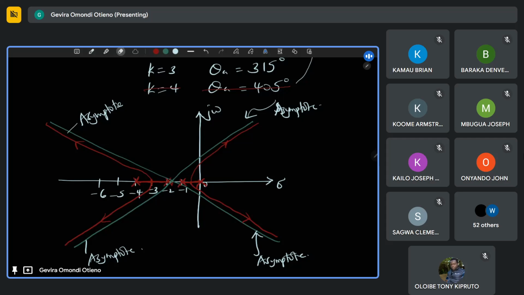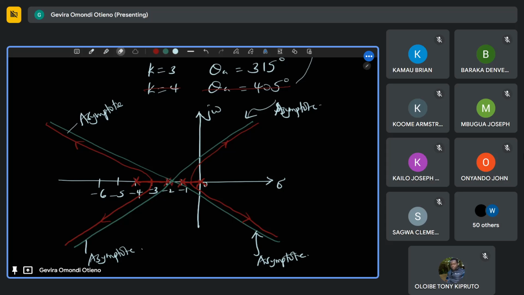You can see that in this question, there's a general direction of the root locus towards the left half plane and another direction towards the right half plane. However, because the root locus will terminate at infinity, anything beyond that, the root locus does not exist in that direction. Okay?